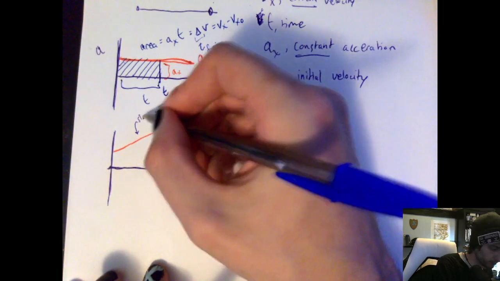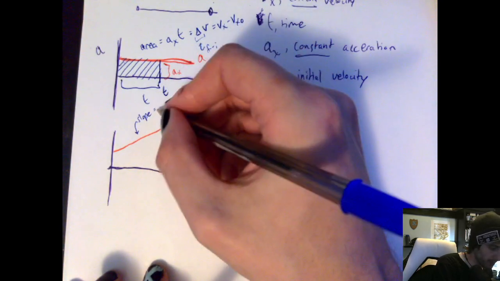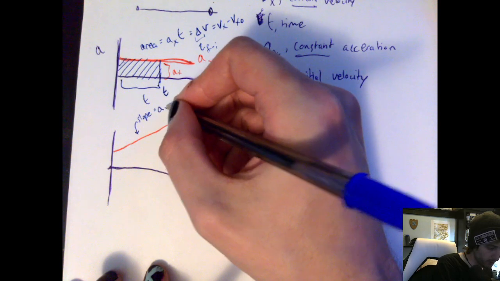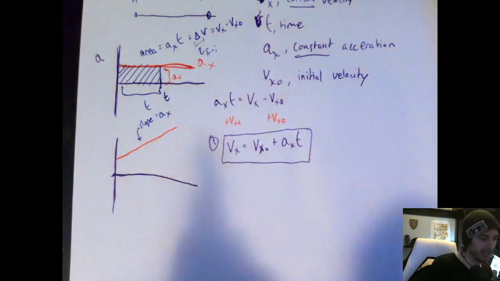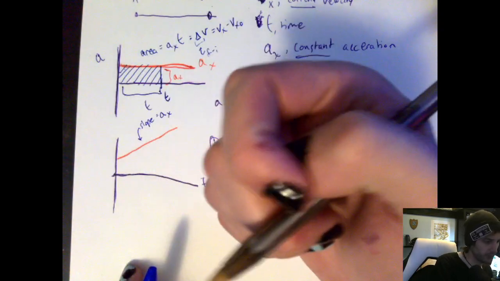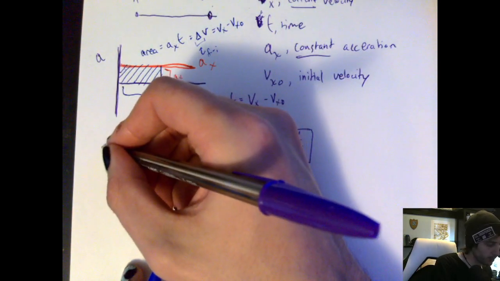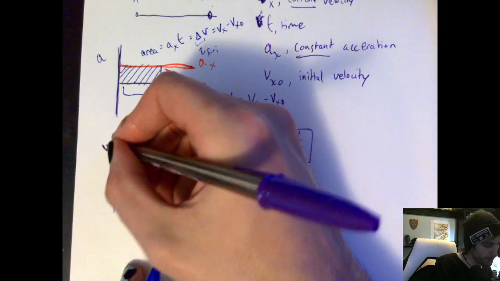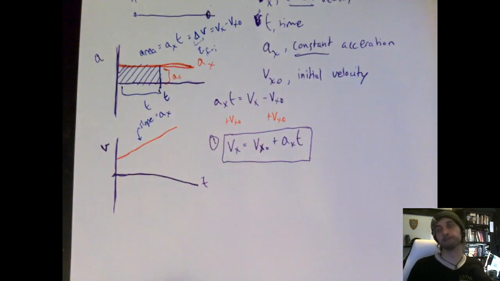Now my slope here is equal to ax. My x-axis is my time. We talked a little bit about linearizing, hopefully by now, in Unit 0. This is kind of like a linearization problem. I know that my slope is ax.